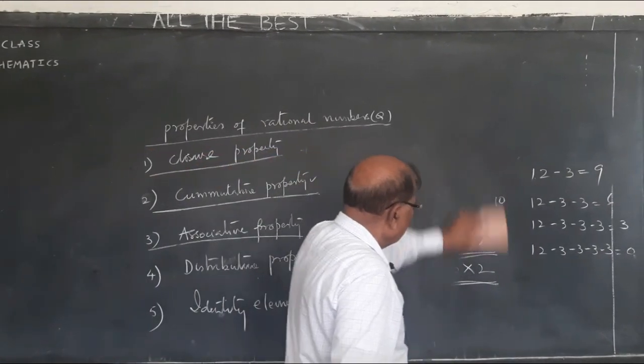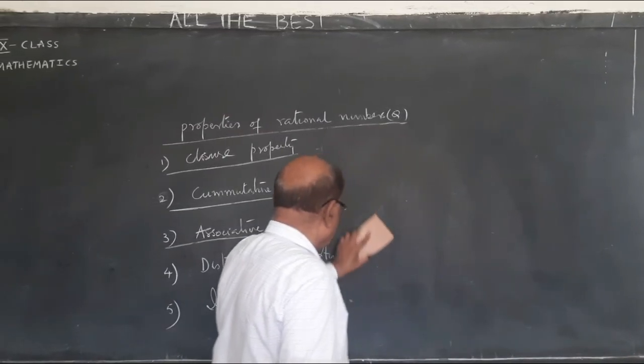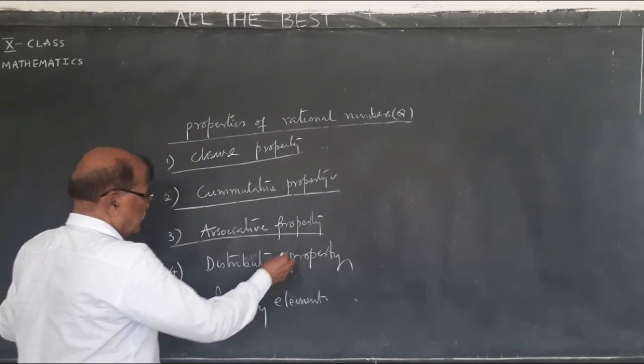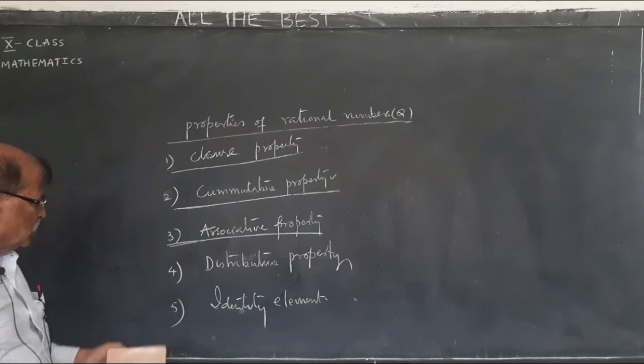So we have only two fundamental operations. When subtraction does not hold good in the associative property, division also doesn't hold good.